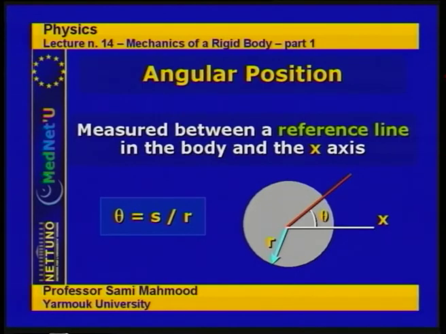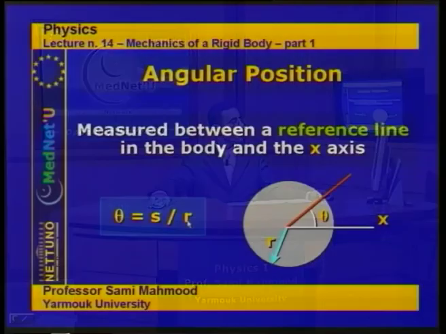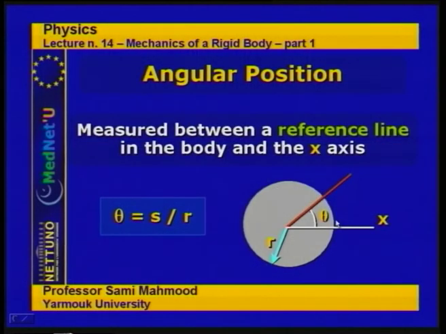Then that point moves around a circle, a circular path, and the angular position theta that it makes is given by s divided by r, where s is the length of the arc between the x-axis and the point on the object.